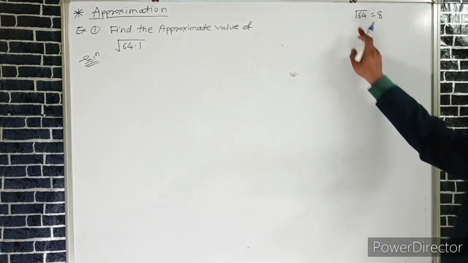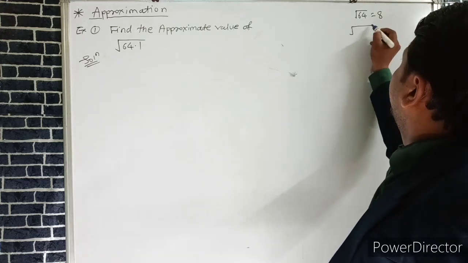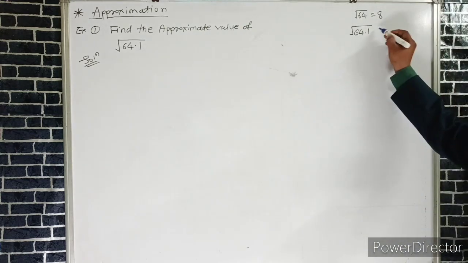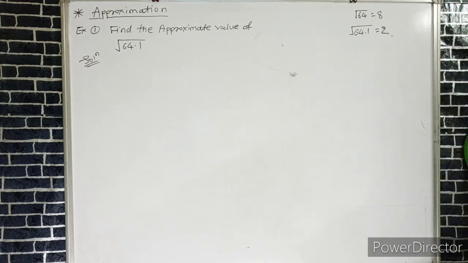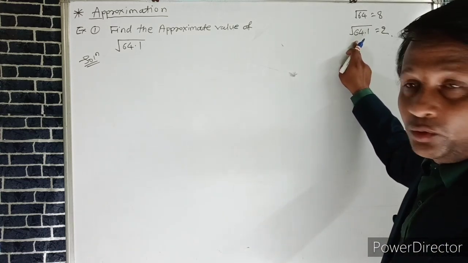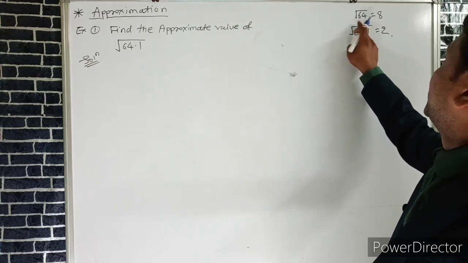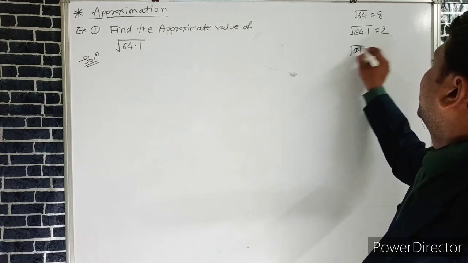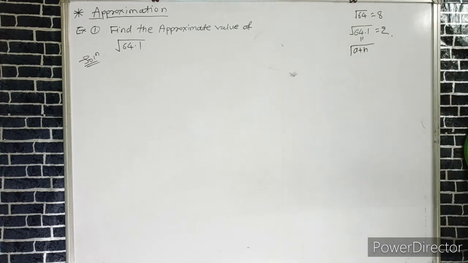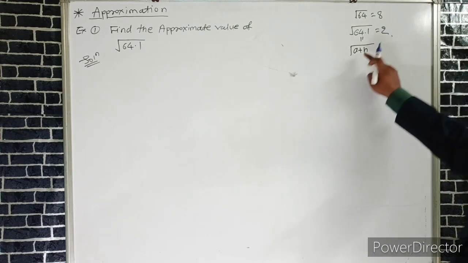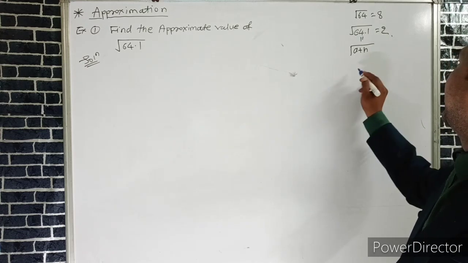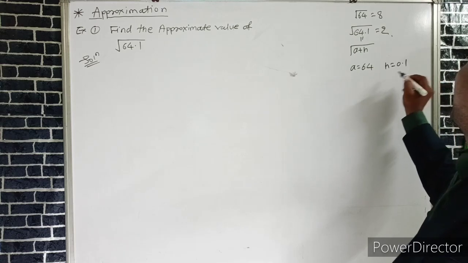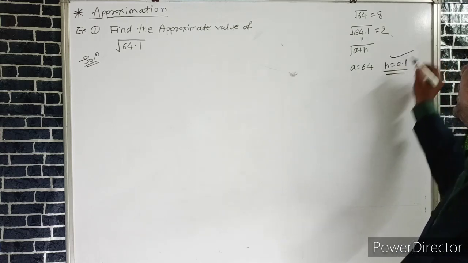But here it is difficult to find what under root of 64.1 is equal to. So the function which is under root, we can consider as f, and a plus h is 64.1, which we can separate. A is 64 and h is 0.1, because h is a very small increment.